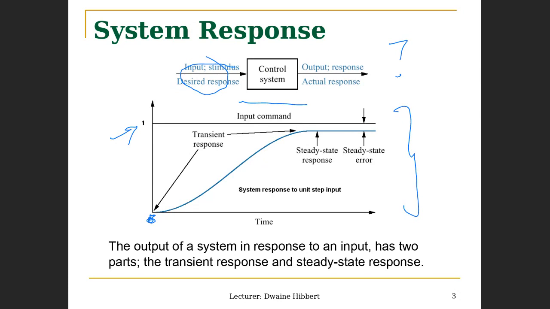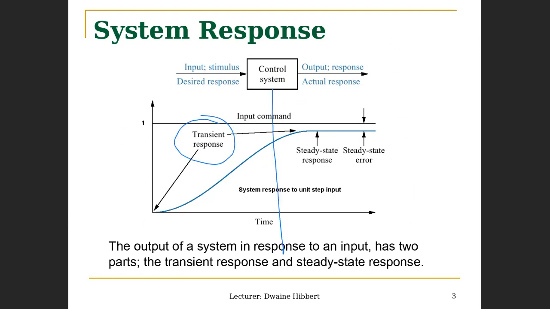Now, there are some parts to this response that are very important. And often in control systems theory we speak about system response having 2 parts. The 2 parts to the system response are transient and steady state.